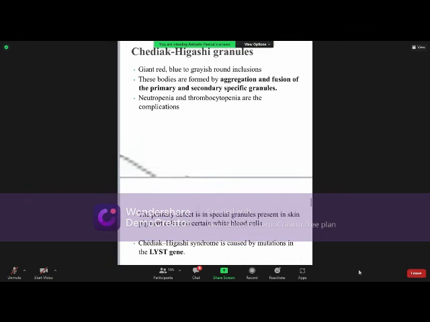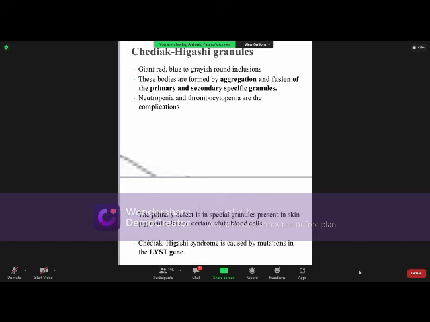Okay? The next one here is Chediak-Higashi. So if in Auer rods, your primary granules fused, in Chediak-Higashi, your primary and secondary granules fused. They stick together. Okay? So sir, what will be the effect?